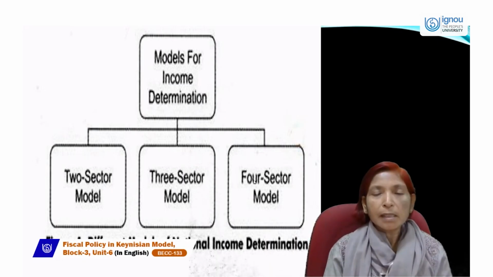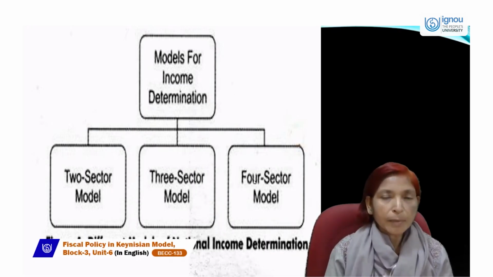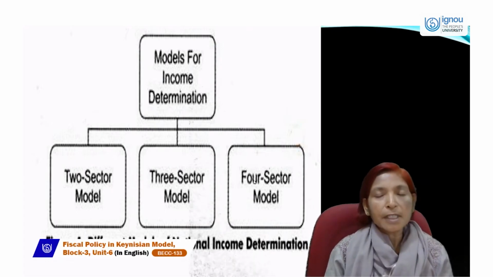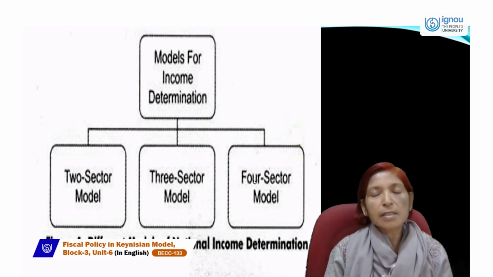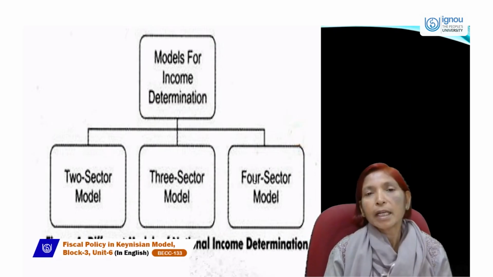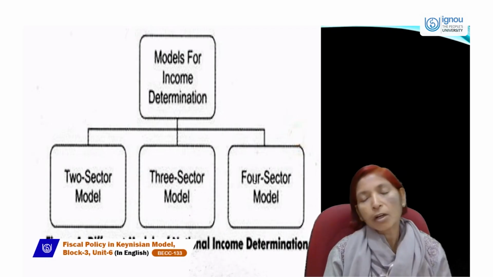If we take only C plus I, where the C plus I line intersects the C plus S line, that is national income determination in a two-sector economy. If the C plus I plus G line intersects the C plus S line, that will be called national income determination in a three-sector economy. And if the C plus I plus G plus net export line intersects the 45-degree line or aggregate supply line, that will be known as national income determination in a four-sector economy.